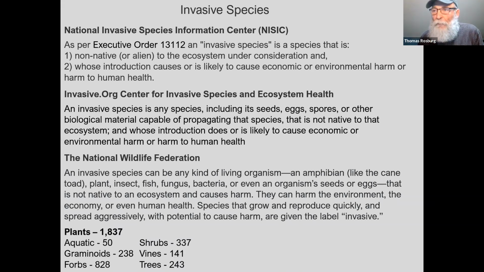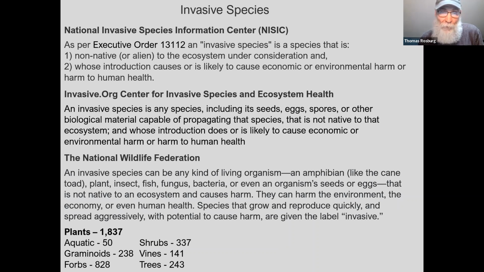So I looked up, this was www.invasive.org, a website that does try to provide at least a count of the numbers of invasive species. The United States Geological Survey, USGS, has an invasive species program, and they say that there's more than 6,500 non-indigenous species that are now established in the United States. 6,500 non-native species.